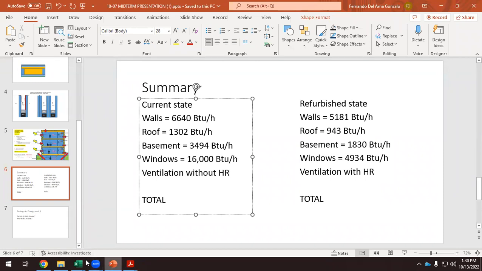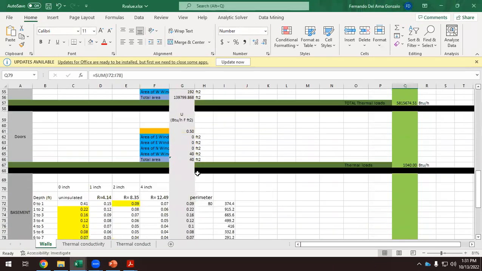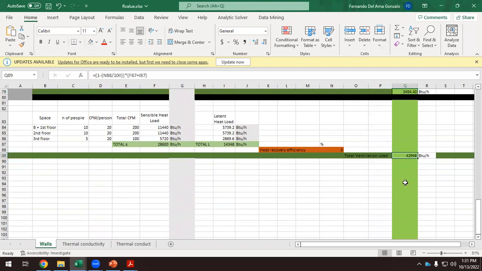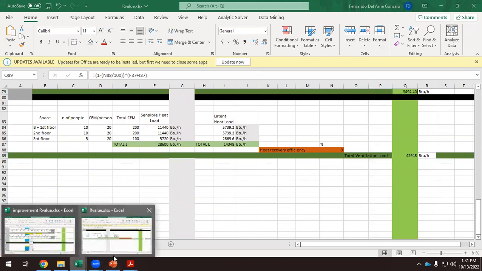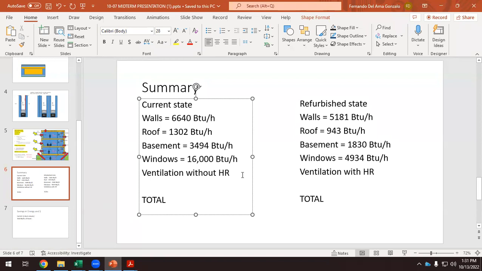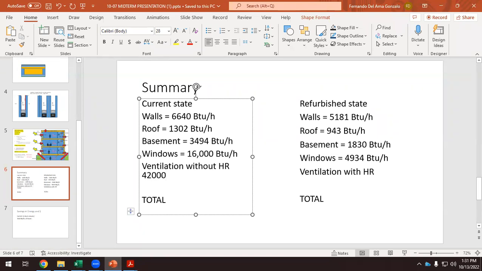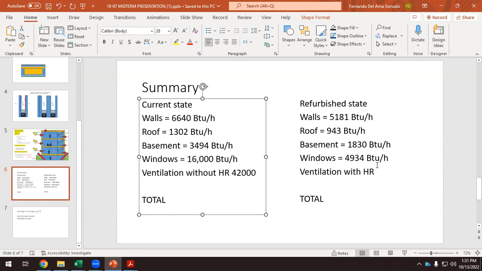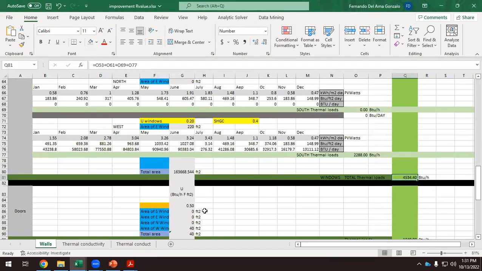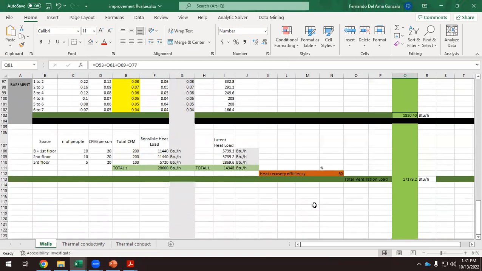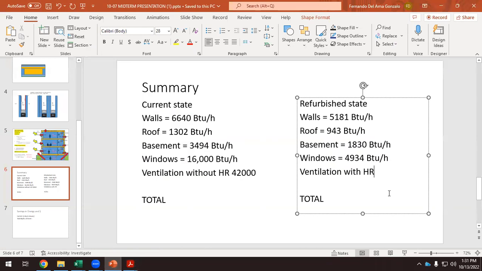Let's see. I think the ventilation without the heat recovery was 42,000. And the ventilation with the heat recovery was 17. Again, those numbers are my numbers. You might have other numbers, so don't take these as given.